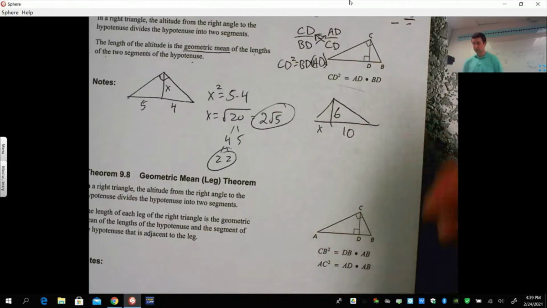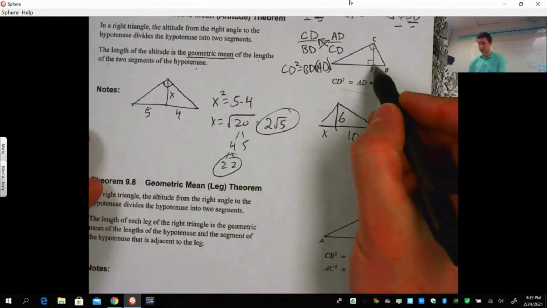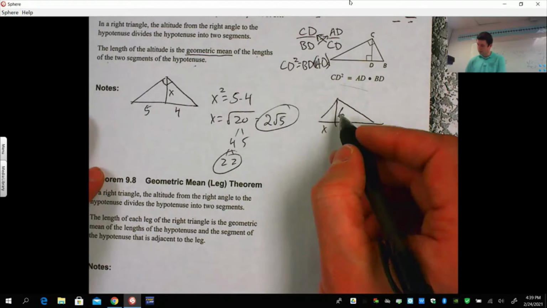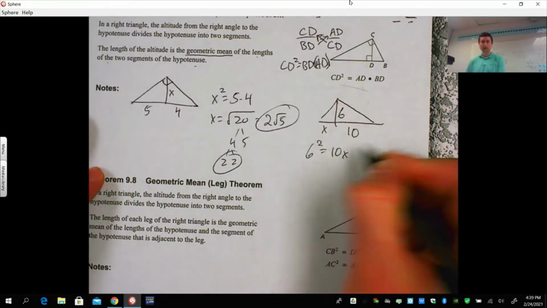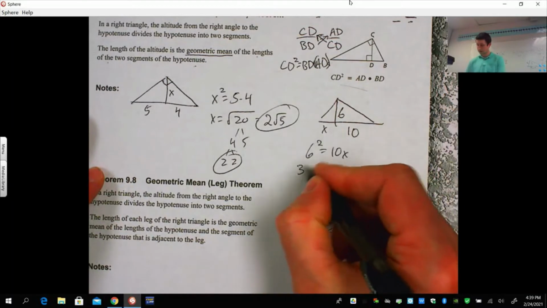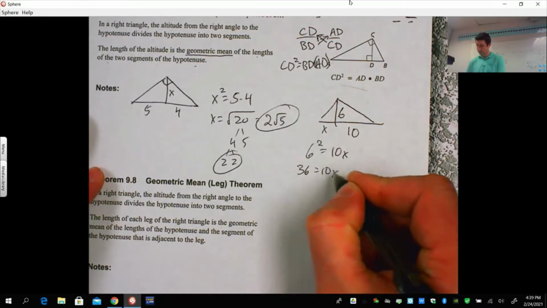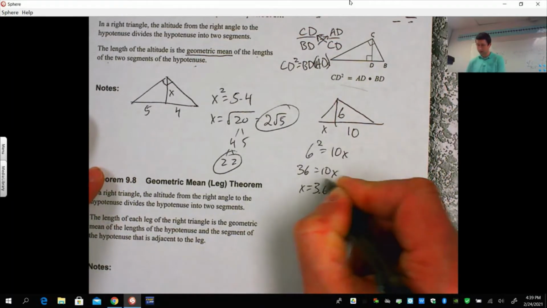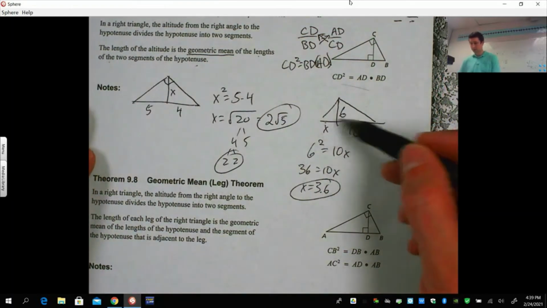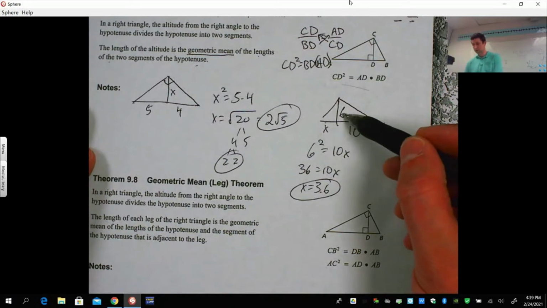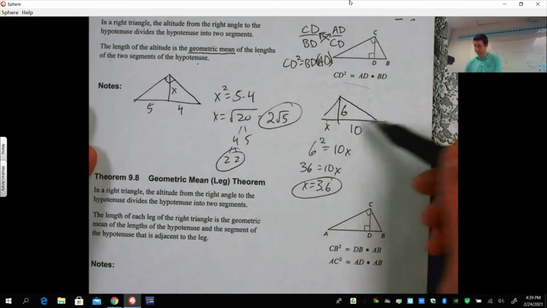This altitude is dealing with the side that's perpendicular with the two parts there. So the altitude squared, 6 squared, equals 10 times x. So 36 equals 10x. Divide by 10, you get x equals 3.6. So the altitude squared equals the product of the two parts. That is the geometric mean of the two parts there.